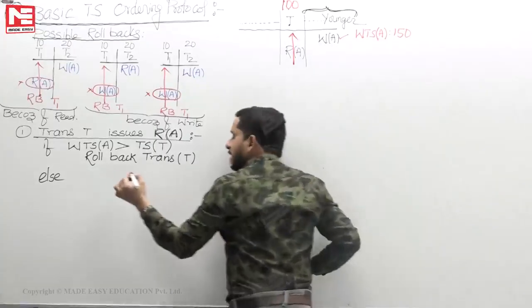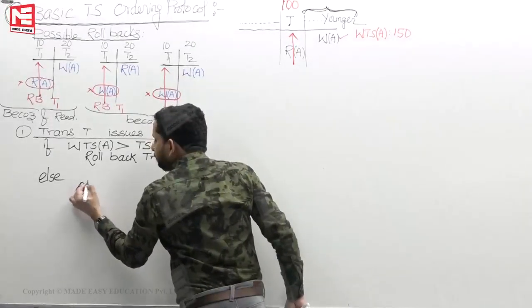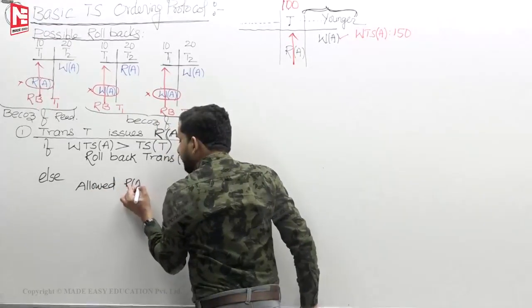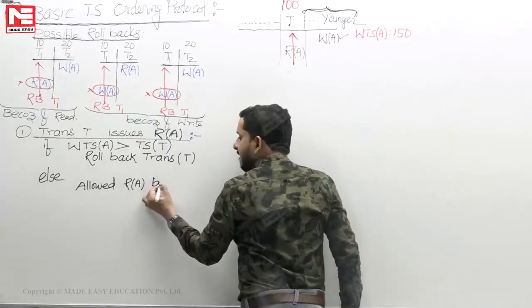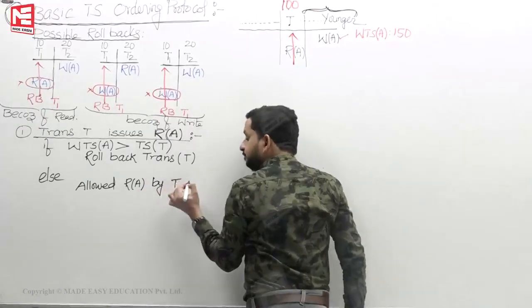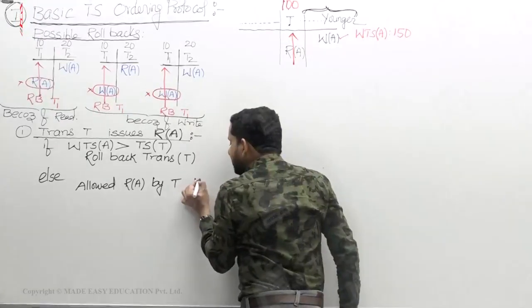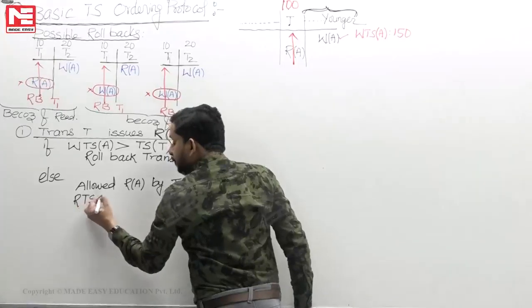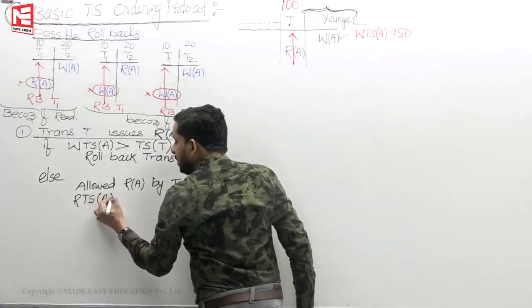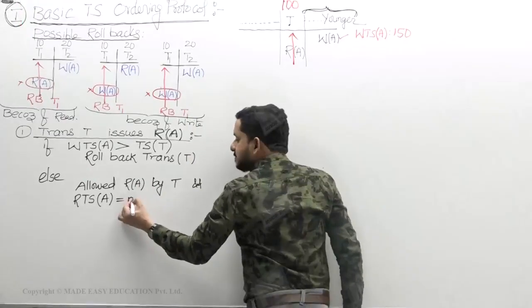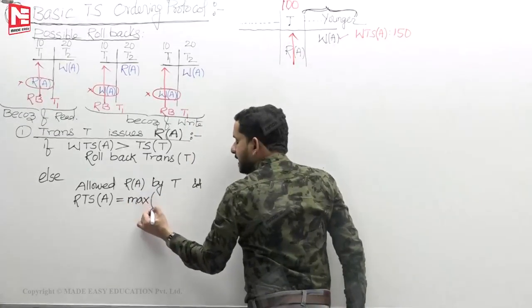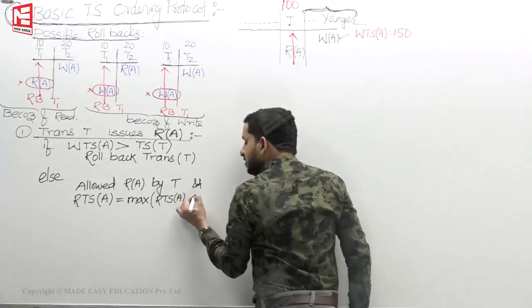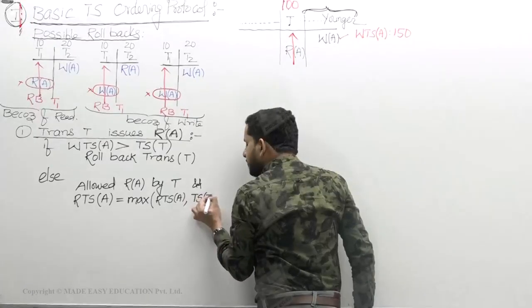Then else we allow the read of A by transaction T and set the read timestamp value. The read timestamp value of the data becomes the maximum of the current read timestamp value of A and the transaction timestamp value of T.